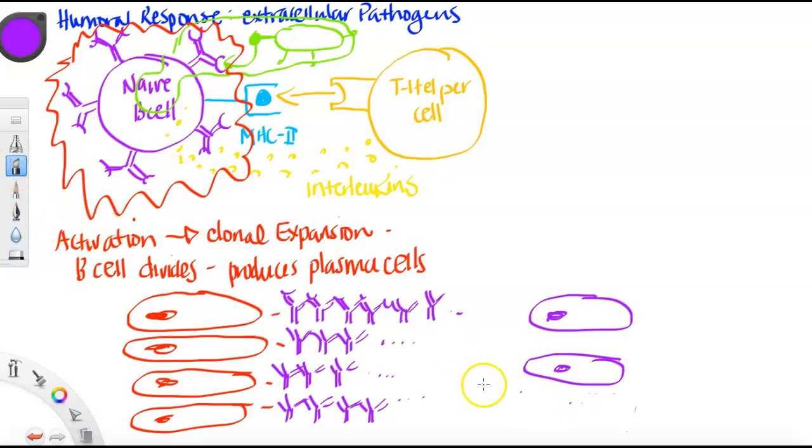I am not a speller. So these are memory cells. So these cells remember what happened. They will come into play if we get exposed to this antigen again.